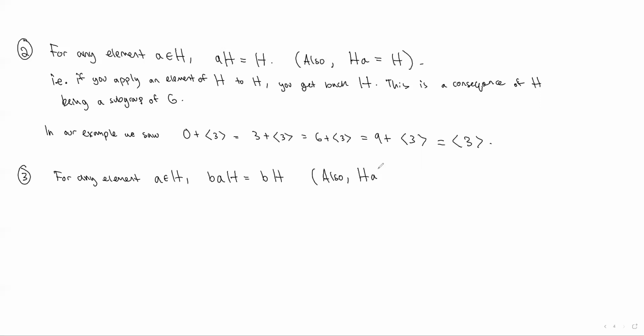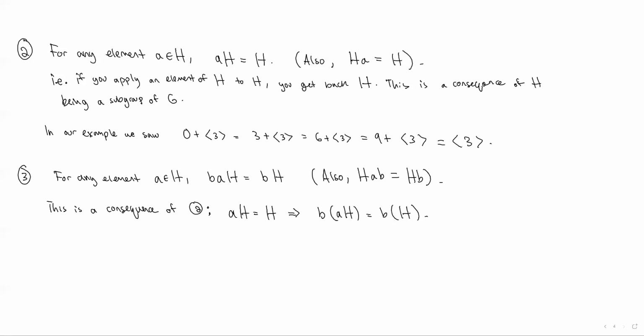So HAB equals HB. And this is a consequence of 2 written above, because AH equals H implies BAH equals BH, right? And we saw it in our example.